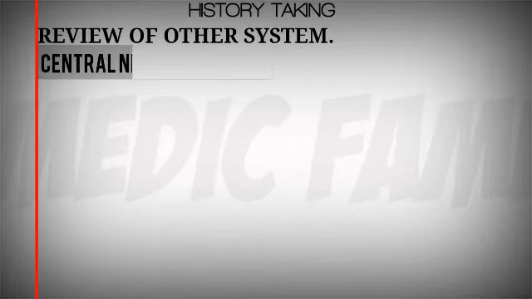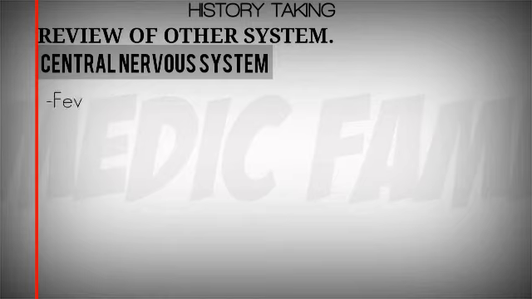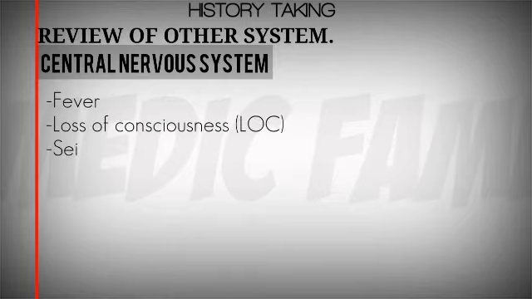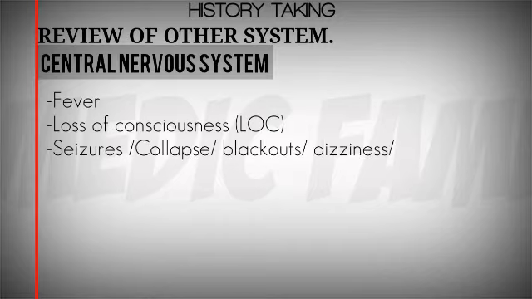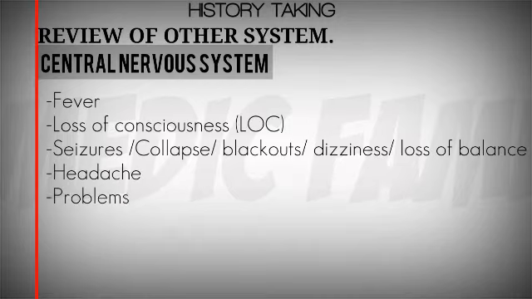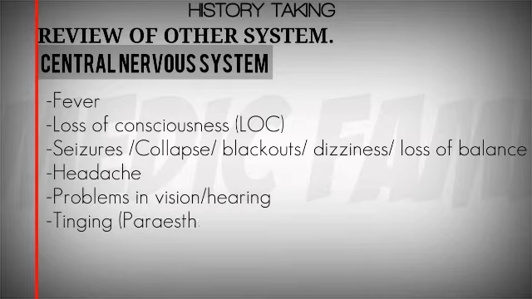On central nervous system, the common things to ask are fever, loss of consciousness, seizures, collapse, blackouts, any dizziness or loss of balance, and even headache, problems in vision or hearing, tingling, and also spasm or involuntary movements.